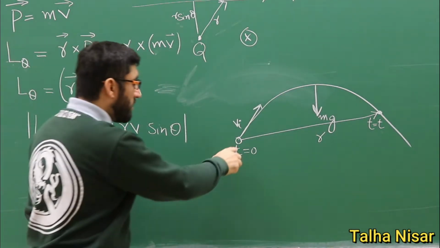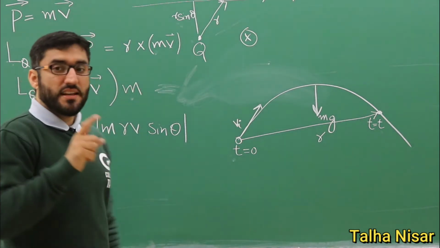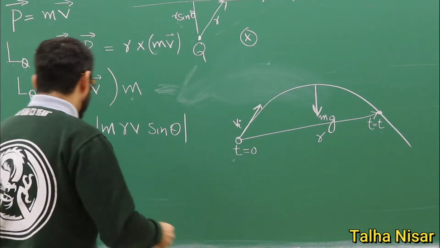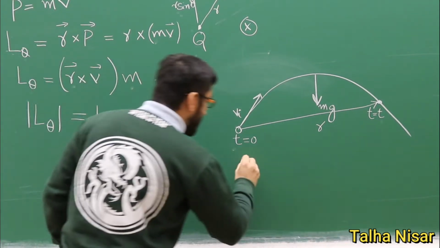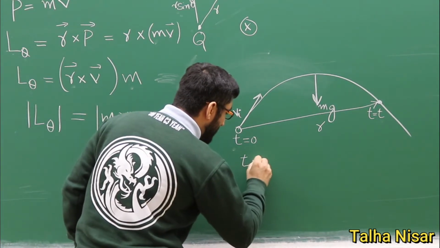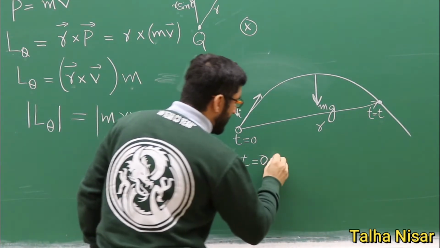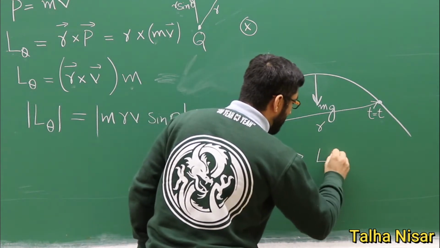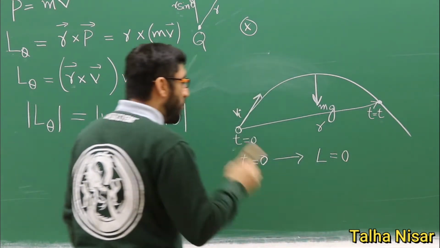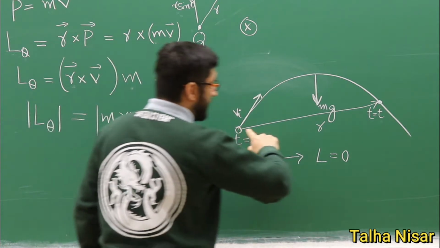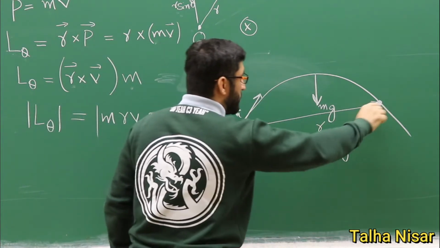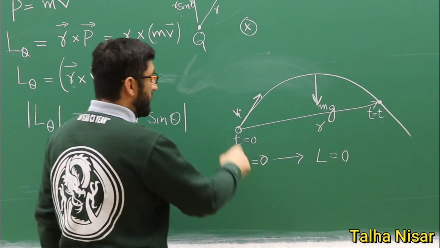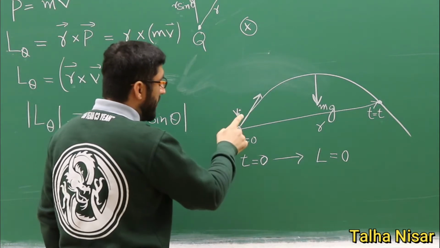So at the time 0, we can clearly see that the angular momentum is 0. Why? Because the position vector here is 0, since the object is here.